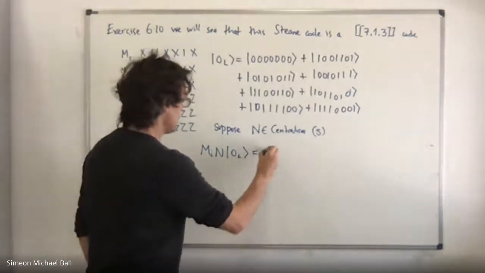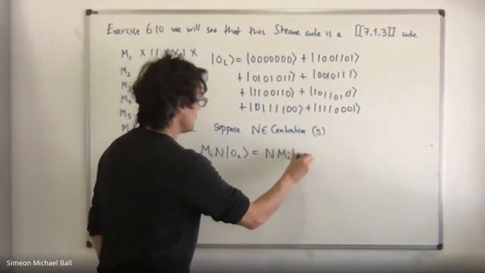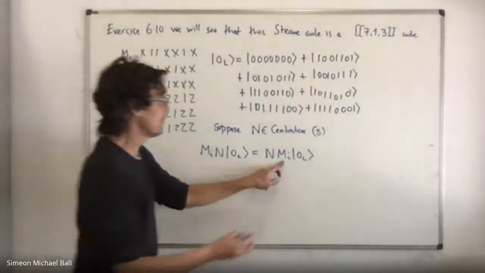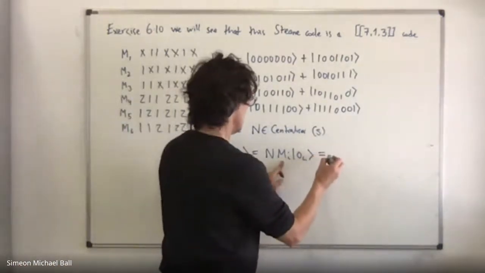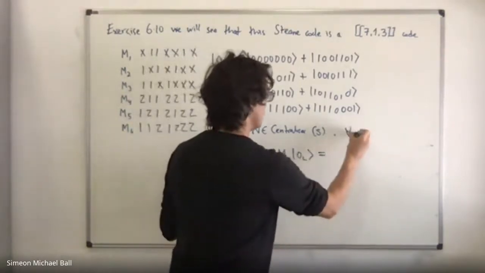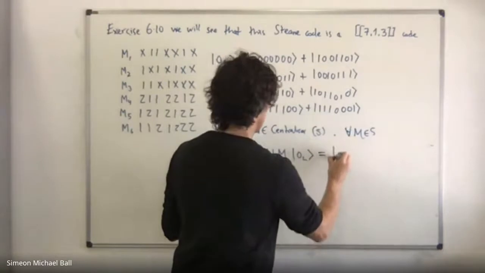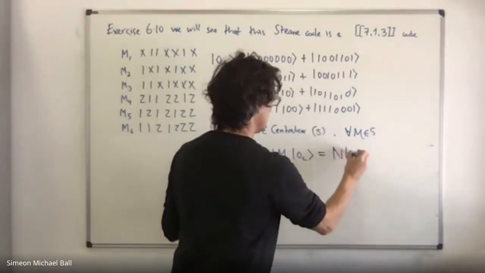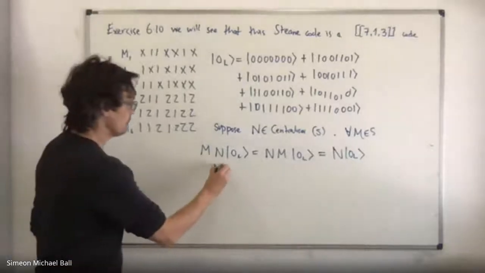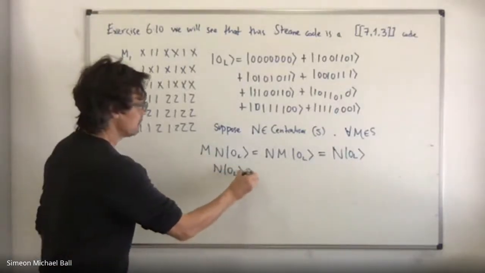Since it's in a centralizer, the N and the M commute. Since zero logical is an eigenspace of eigenvalue minus all things in N, this means that N times zero logical is also in the graph.